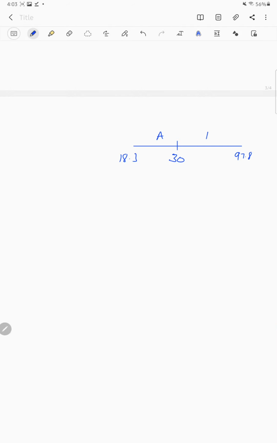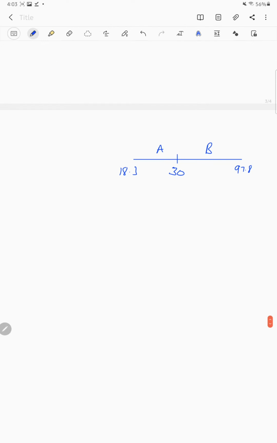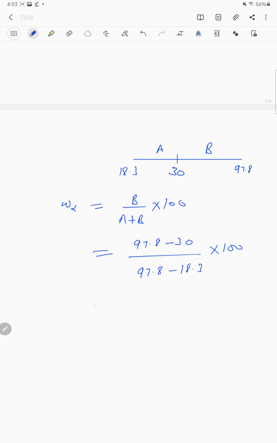Similarly, call this A and this B. For alpha we will take B. For the weight percentage of alpha we take B divided by A plus B times 100. That will be 97.8 minus 30 divided by 97.8 minus 18.3, times 100.